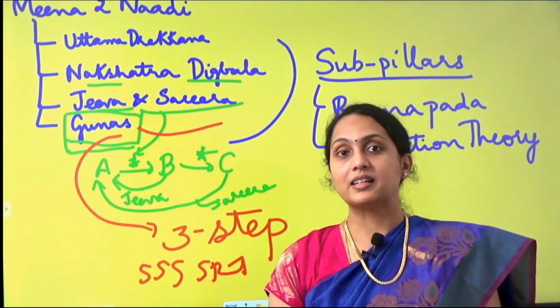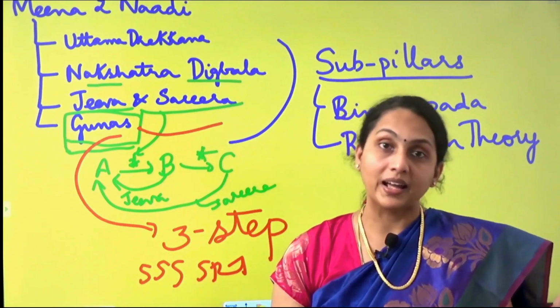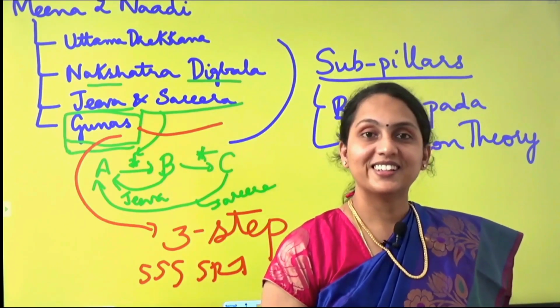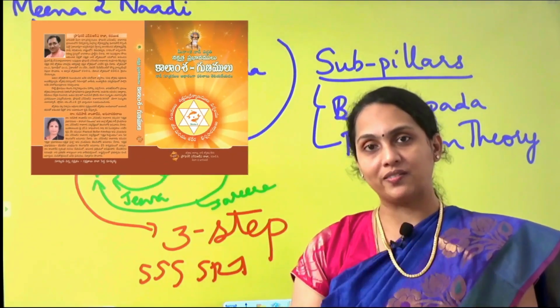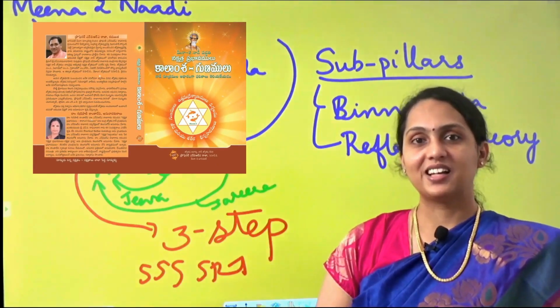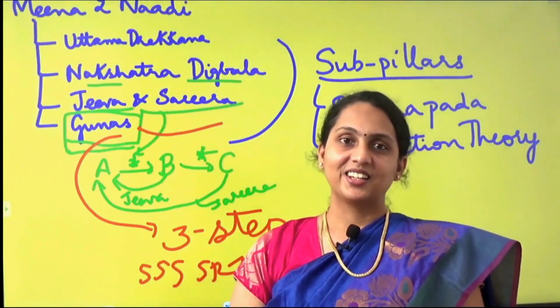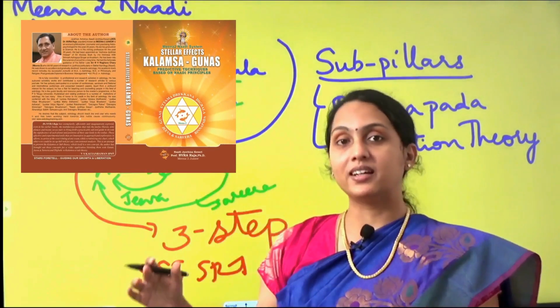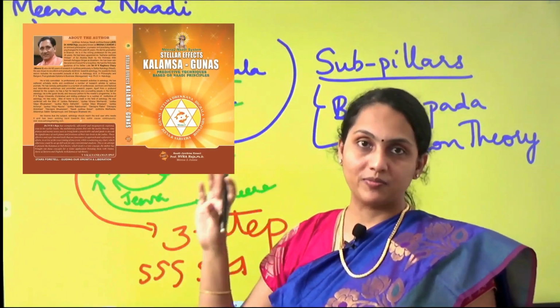Based on these Gunas, again his son, Junior Meena2, brought about a very big book called Kalamsa Gunas. The Kalamsa sub-theory, sublord theory, was first introduced by Meena only.